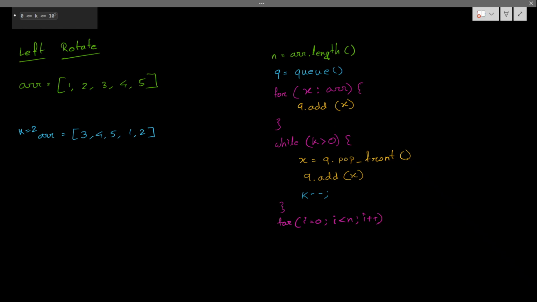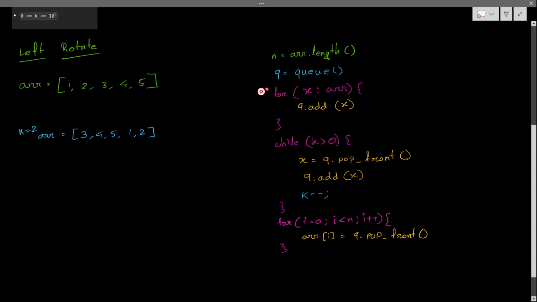What I have to do simply is arr of i will be q pop the front element. Understand? So this is what I have to do. And return, if return is required, otherwise don't return it. So I guess you understand the process.